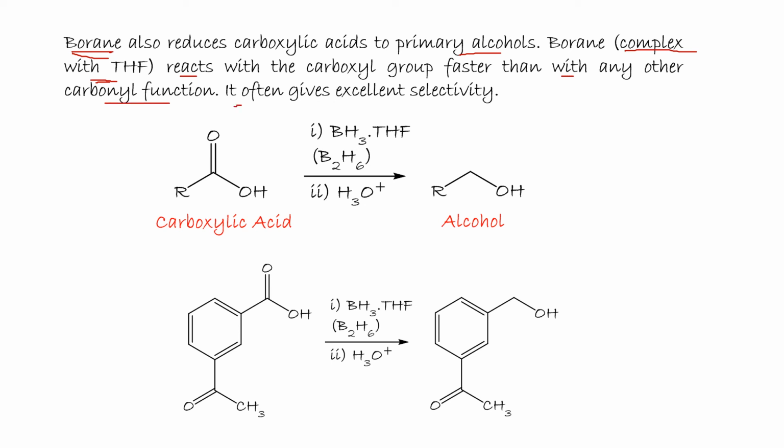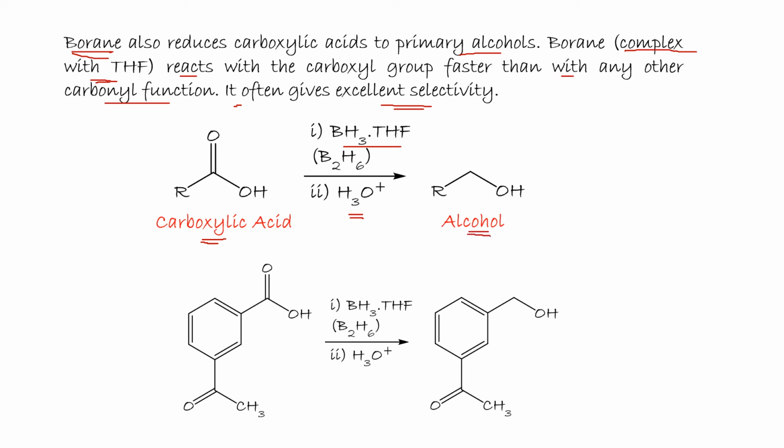It often gives excellent selectivity. So we have carboxylic acid, again borane complex with THF, then step 2, acidification to furnish alcohol.